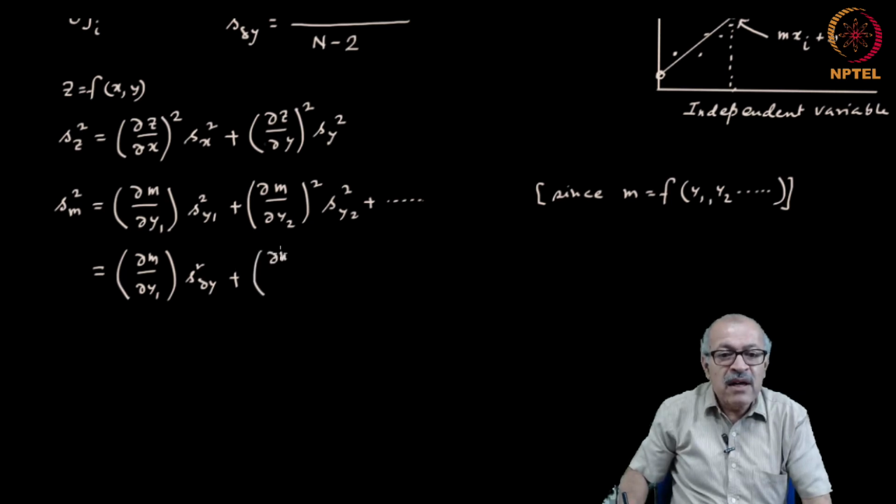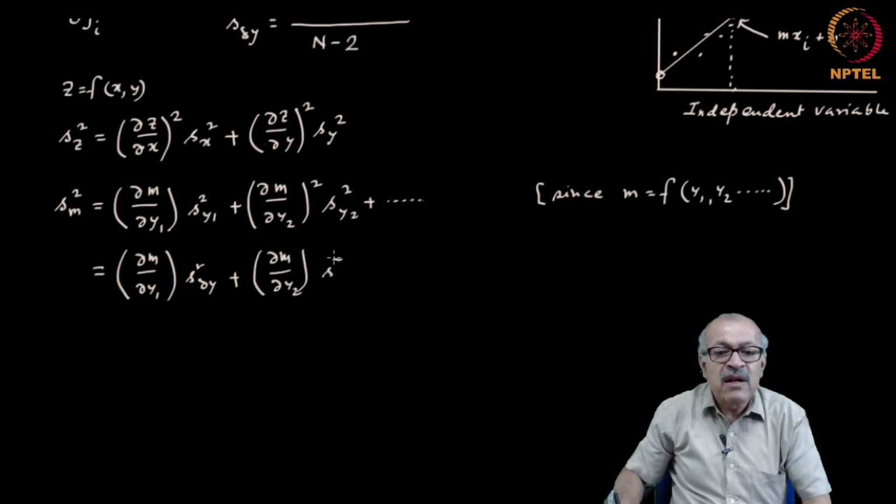Similarly, delta M by delta y2 squared times s square delta y, plus and all that.